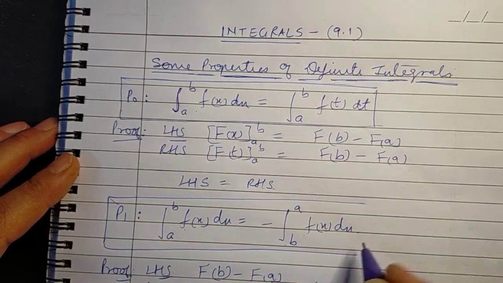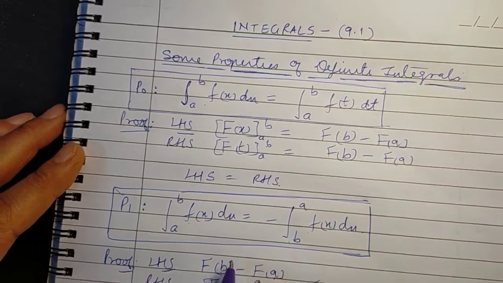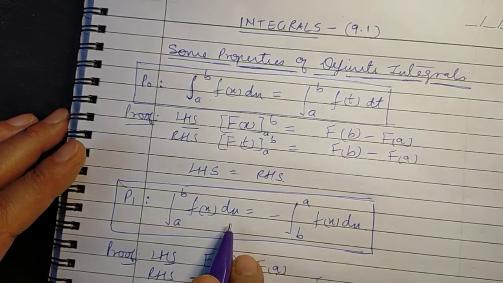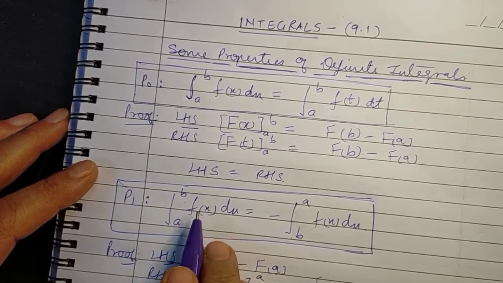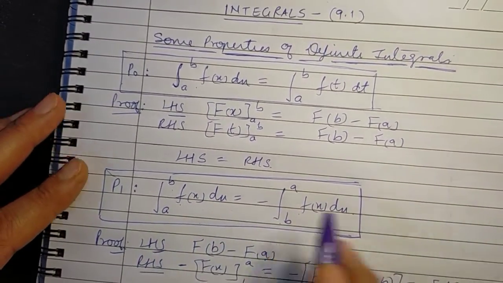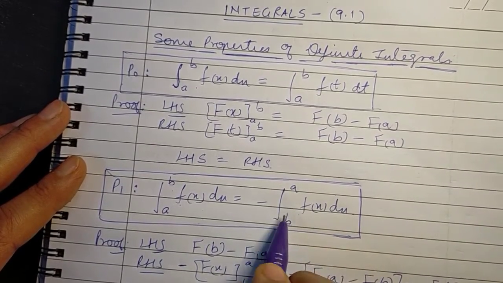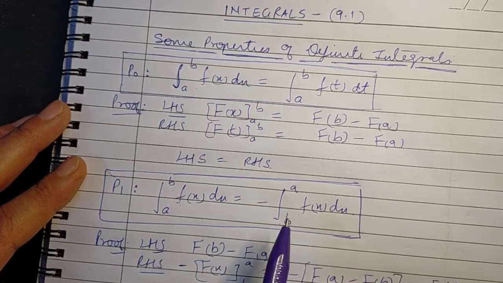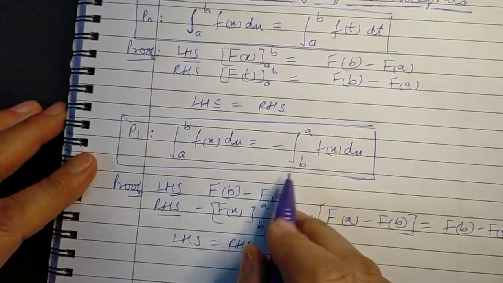That is, when you integrate a function f(x) with respect to a variable x from a to b, the value so obtained is the negative of the integral obtained when you integrate the same function with respect to the same variable but after swapping the limits.